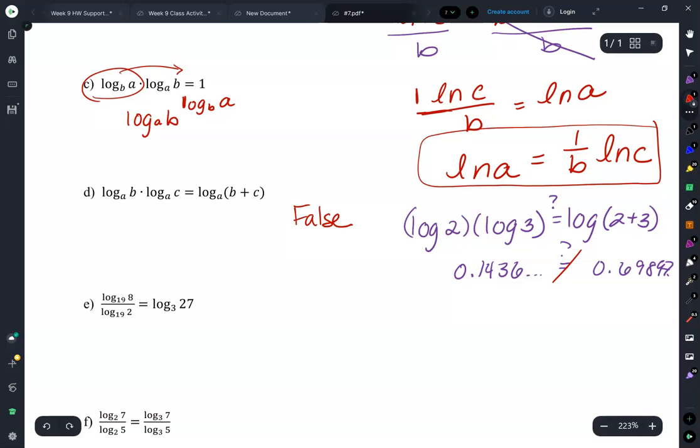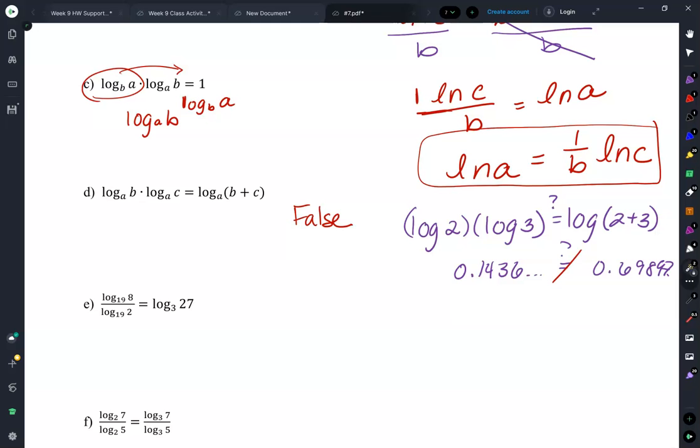Like maybe look kind of in here at this situation where you have a base raised up to the log of that same base, and go from there and see what that equivalency would be. You can try writing them in exponent form as well and see if that helps you out.